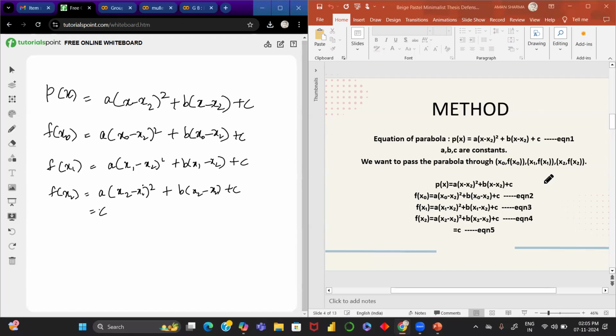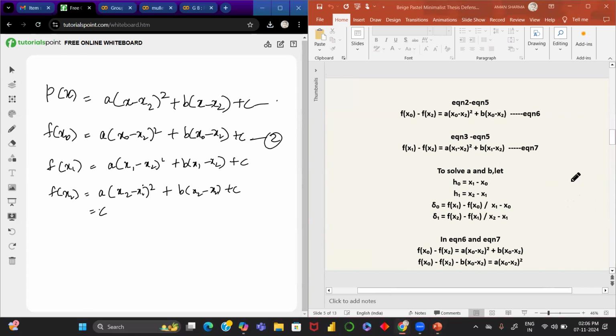Then we take equation 2 minus equation 5, where equation 5 is f(x2) = c.